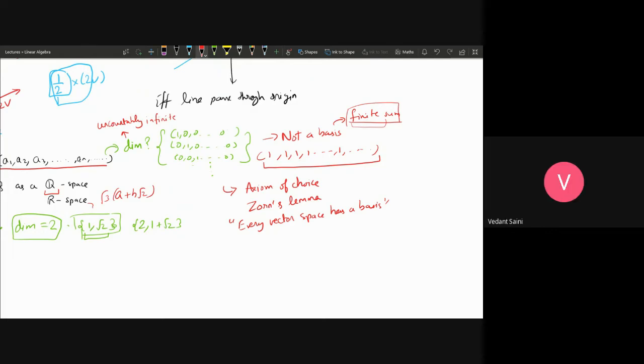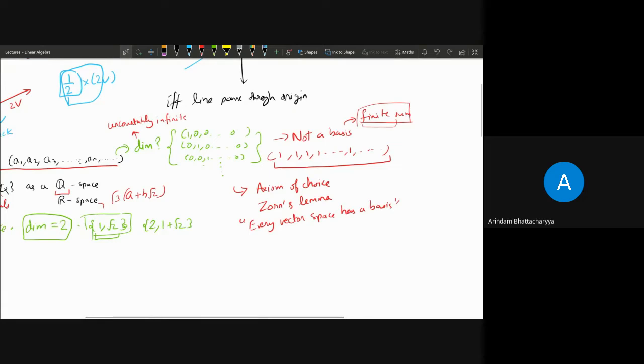So in the proofs, they prove that we can use finite sums to describe each element with a basis. Yeah, exactly.